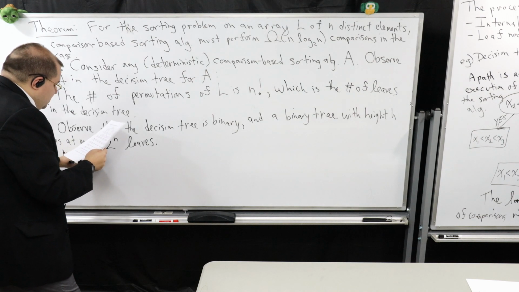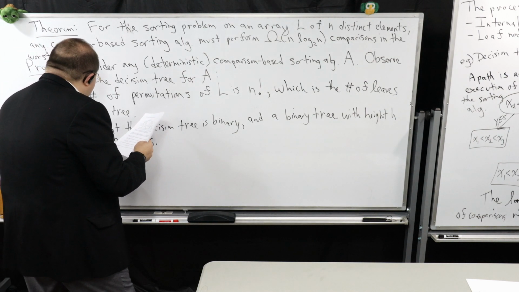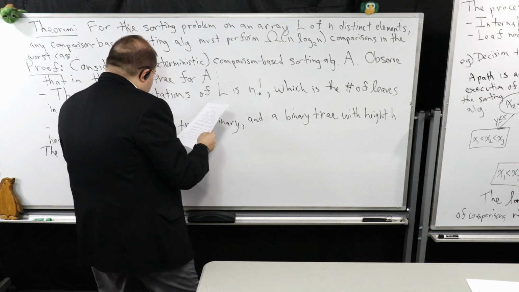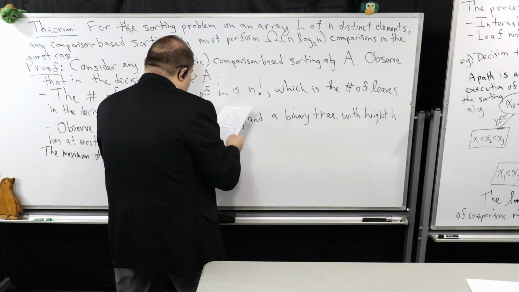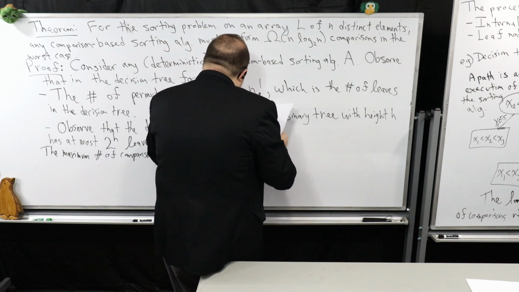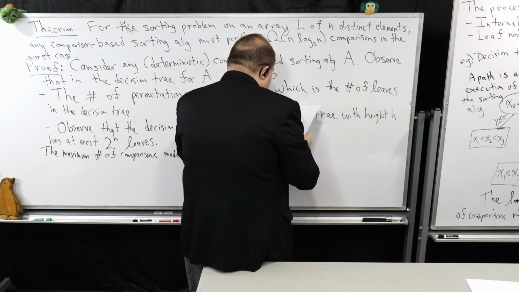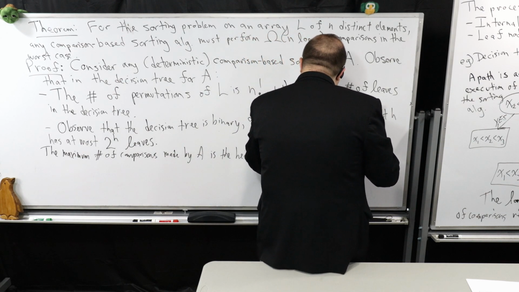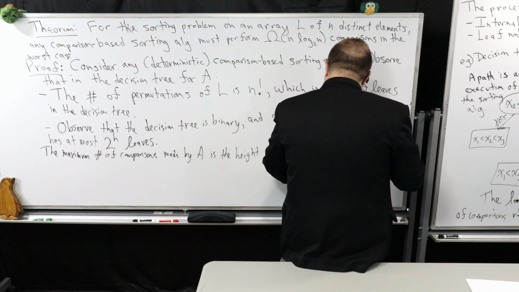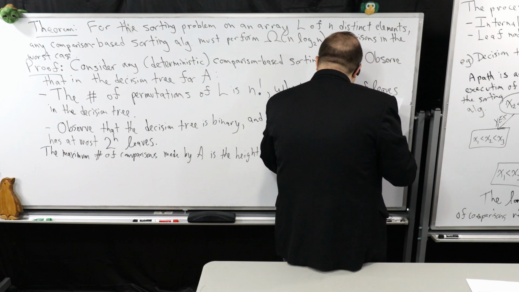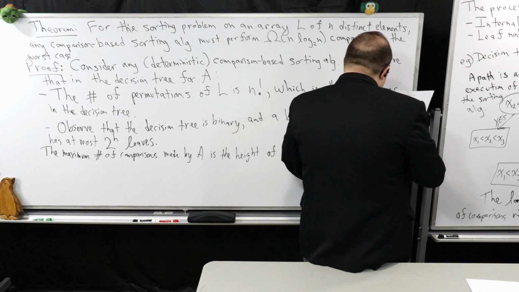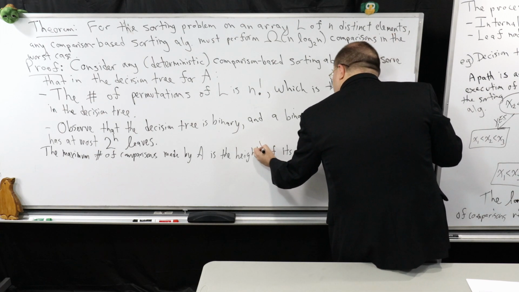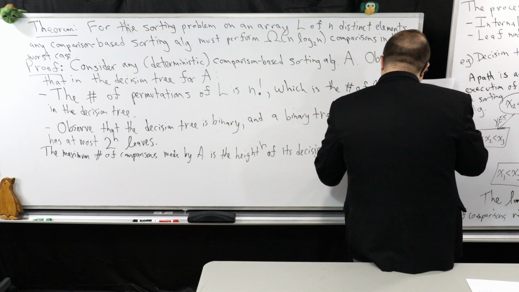The maximum number of comparisons made by A is the height of its decision tree, height h. I'm just going to remind you that's h.